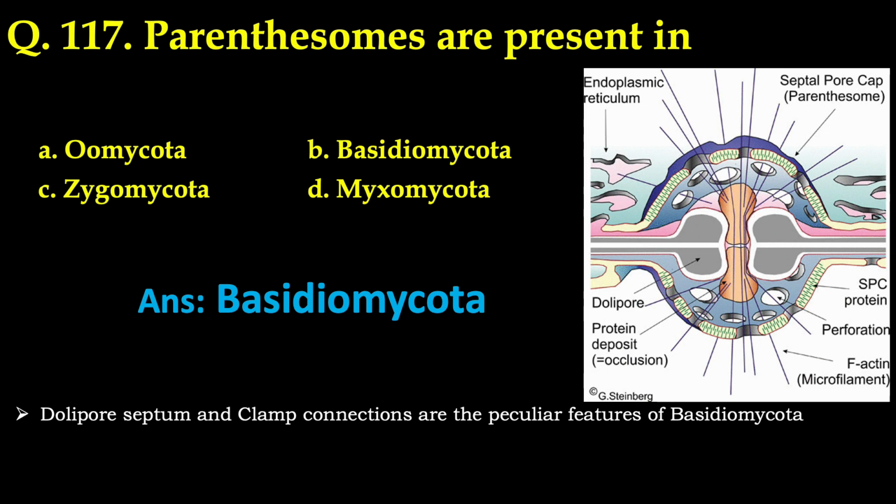The main function of the dolipore septum or the parenthesomes may be to maintain the strict segregation of the nuclei found in many Basidiomycetes, whilst still allowing cytoplasmic continuity where necessary. The dolipore septum as well as clamp connections are the peculiar features of Basidiomycota.